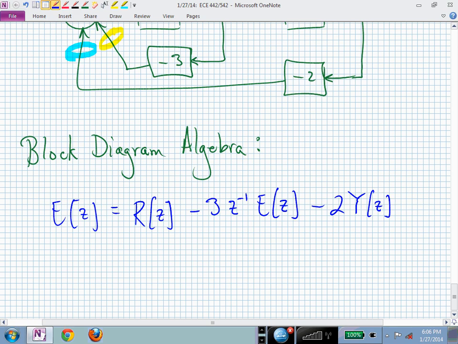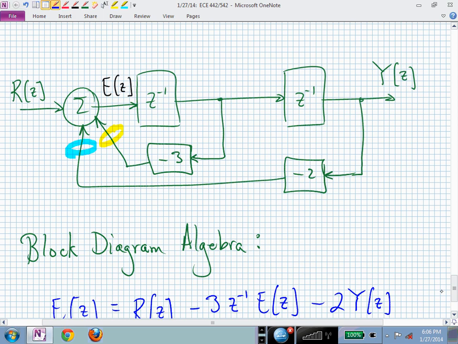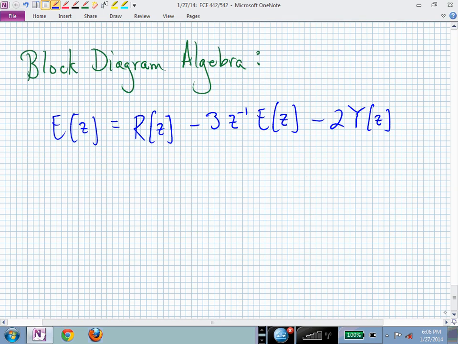But I can express Y in terms of E. That's just going through two of these z to the minus 1 operators in cascade, isn't it? So I'm trying to really find an expression between r and y, but initially I'm going to get this intermediate result relating E and r.